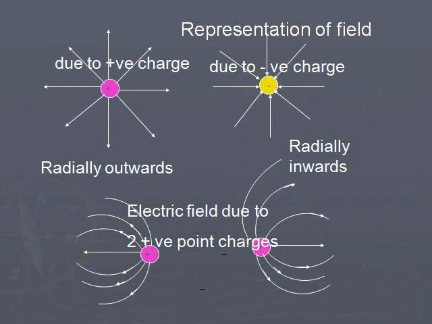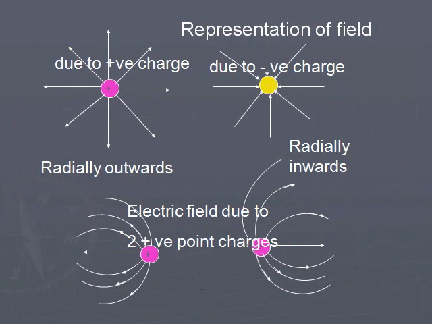We can imagine electric field lines about charges. Let us consider a positive charge. Around this positive charge, if you imagine a test charge moving from different points, it moves along straight lines.